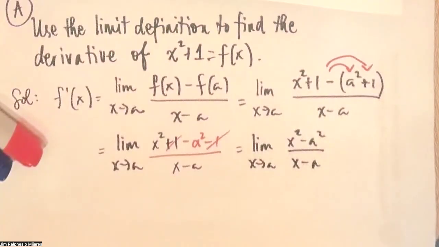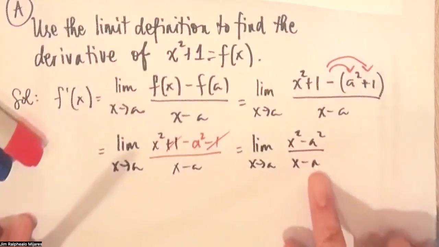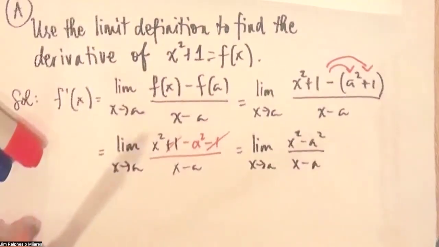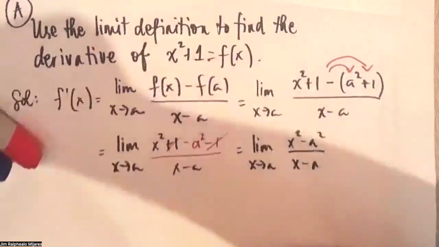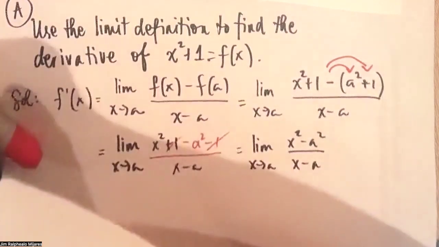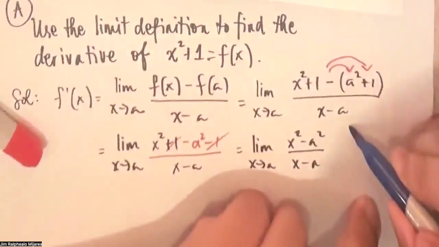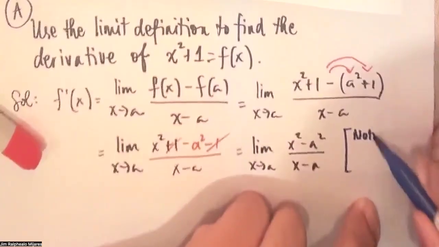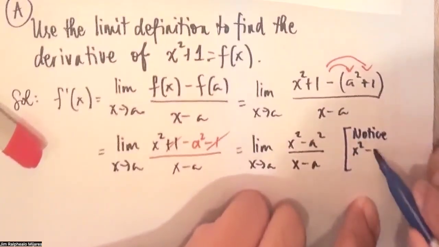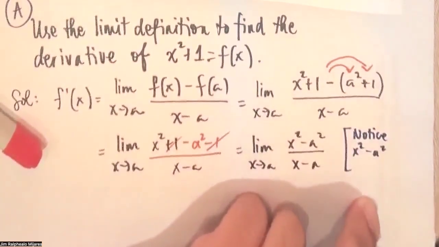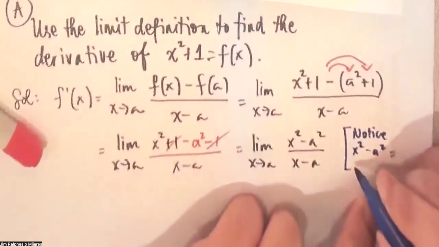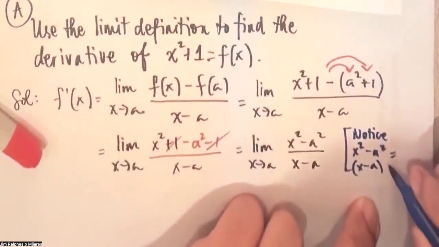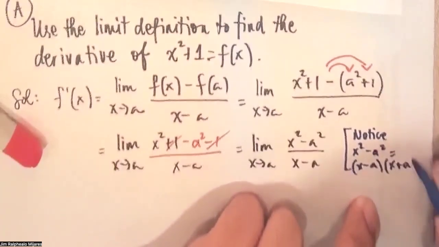It seems that we are hopeless at this point, but I imagine that this point in the solution is the most satisfying because that means that you can cancel out. So what happens here? Notice that x squared minus a squared is actually a difference of two squares, which is equal to the product of their difference and the sum.